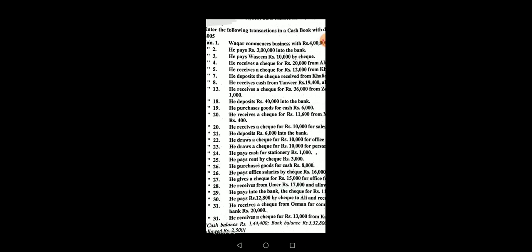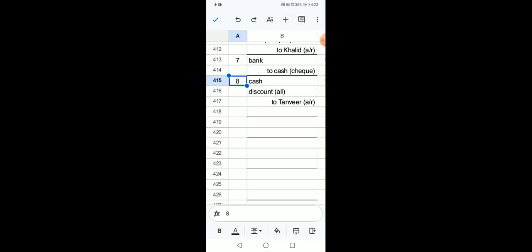But in entry number 13 it is mentioned that you have only received a check. The check has not been deposited into the bank. What does that mean? Keep it in mind, until and unless a check is deposited into the bank, only in that case will you mention bank. Otherwise you will not be allowed to mention bank even if you have received the check.